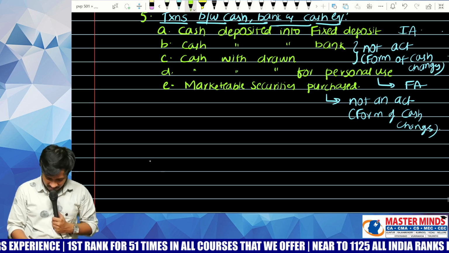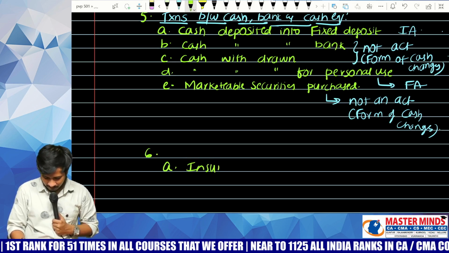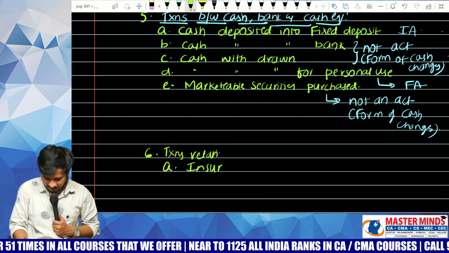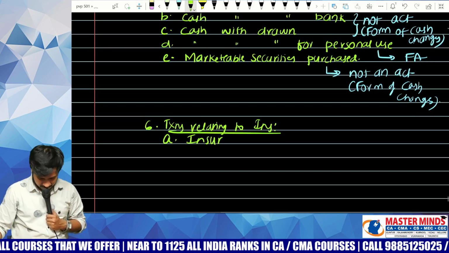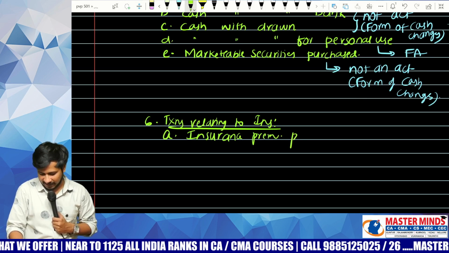Point number 6. Transactions or items relating to insurance. Insurance premium paid.